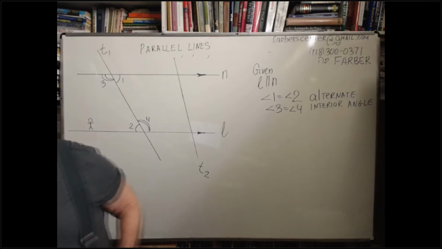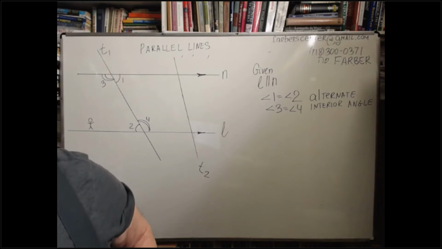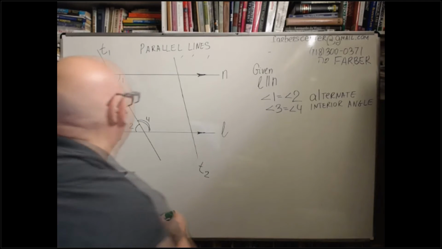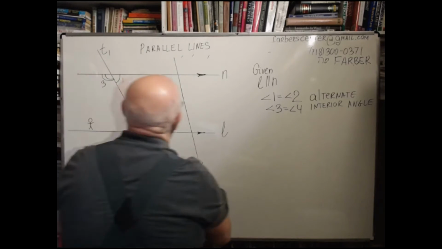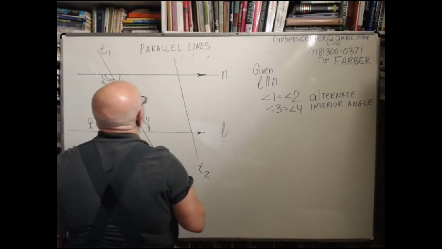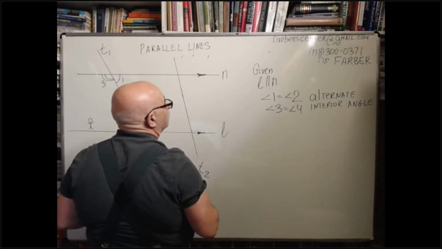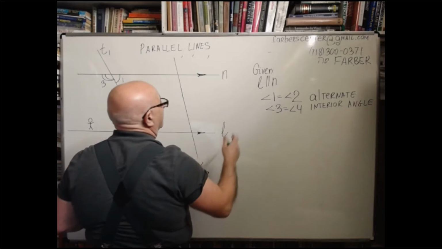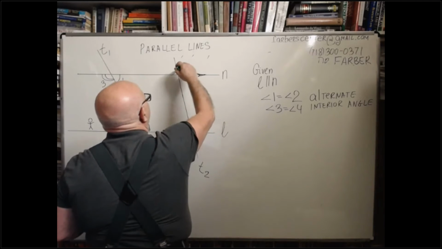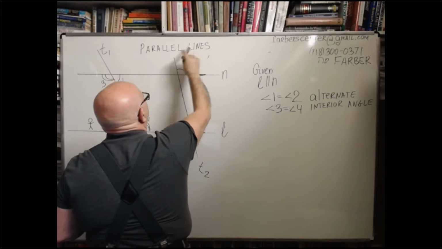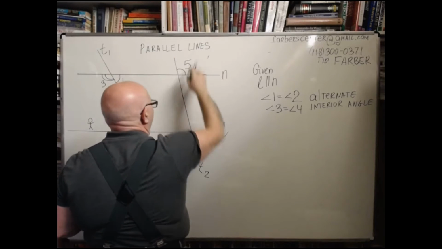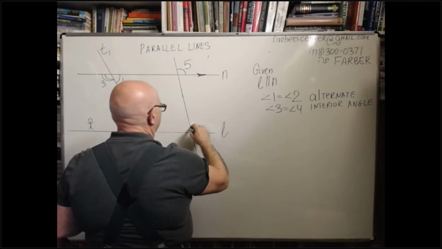We take a different color. For instance, I will use, we have 4. Let's say this is angle 5. And this angle 6.